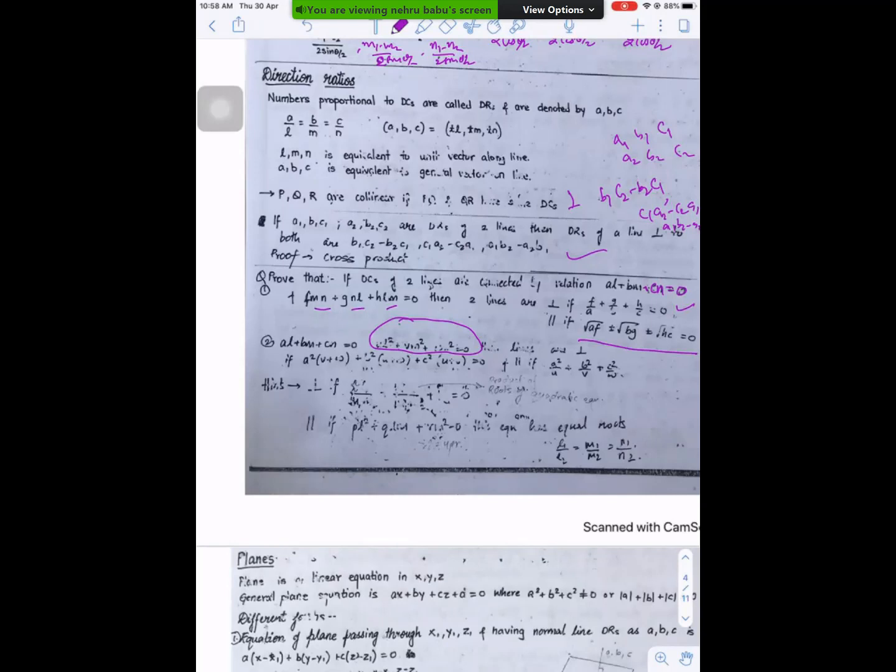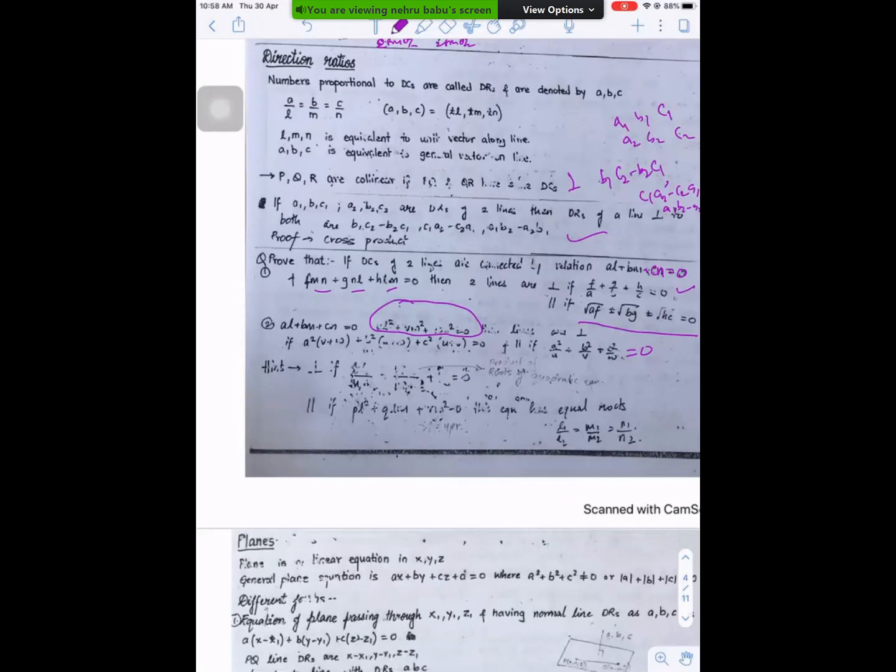Then the condition for perpendicular is A square into (V plus W) sigma is 0, and for parallel the condition is A square by U plus B square by V plus C square by W equal to 0. So there are two types of general questions: when an LM, MN, NL combination is given, or an L square, M square, N square combination is given. Both we discussed. Just check your notebook.